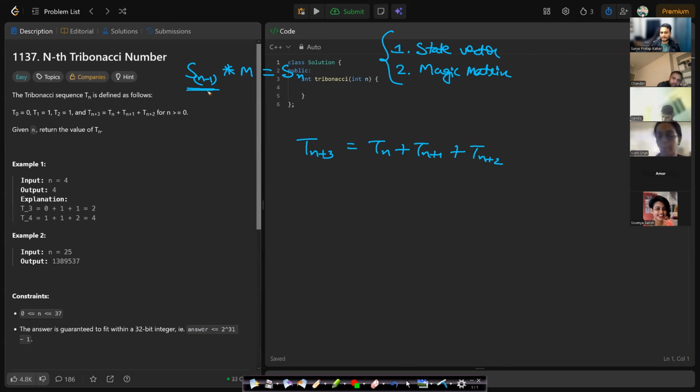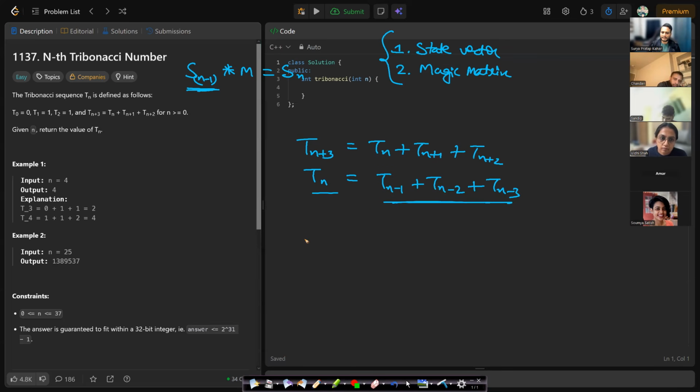If I'm telling you to write in terms of the n minus 1th term, then you can convert it and write it in any order. What is this n plus 2 anyway? It is just the last term: n minus 1 plus n minus 2 plus n minus 3. The last three terms, when you add, you get the current term.